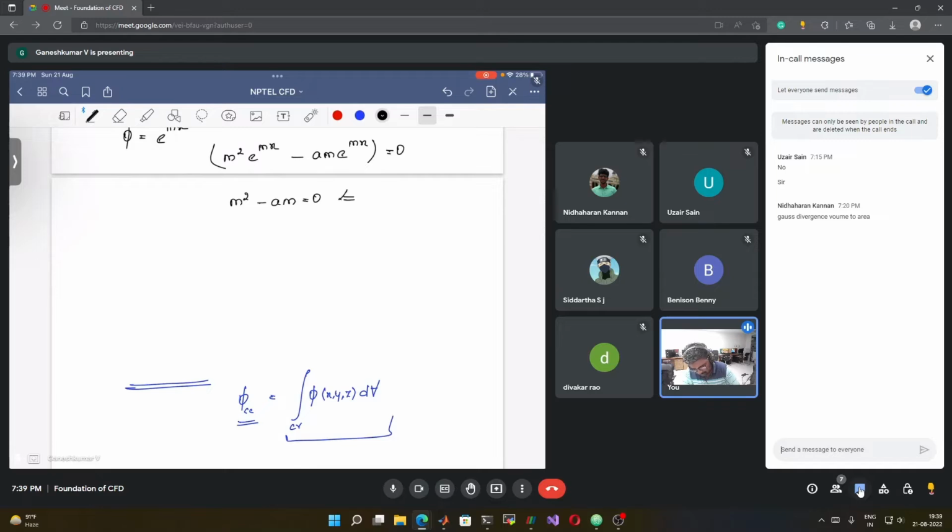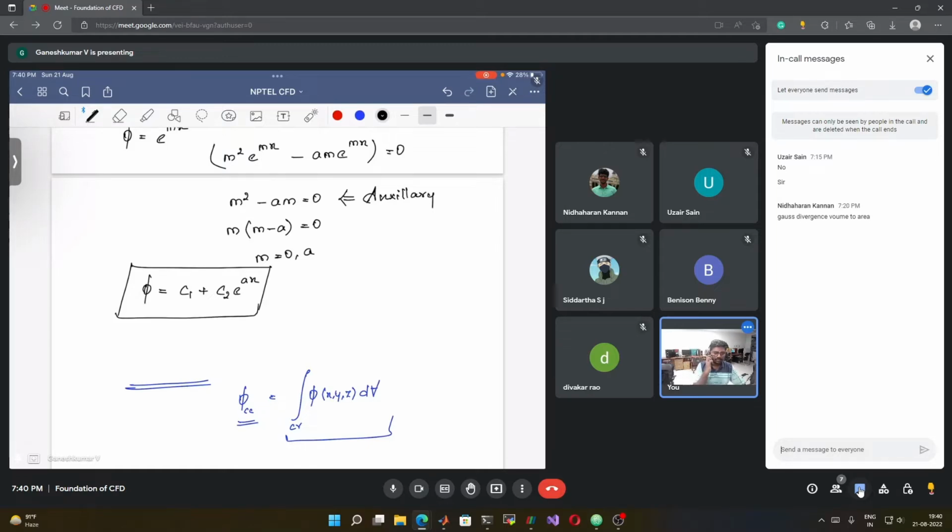This would be your auxiliary equation. m into m minus a is equal to 0, so m would be 0 and a. So what would be your solution? Phi would be c1 plus c2 e power ax.